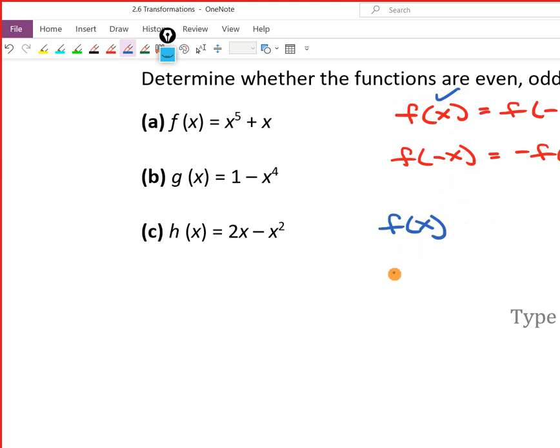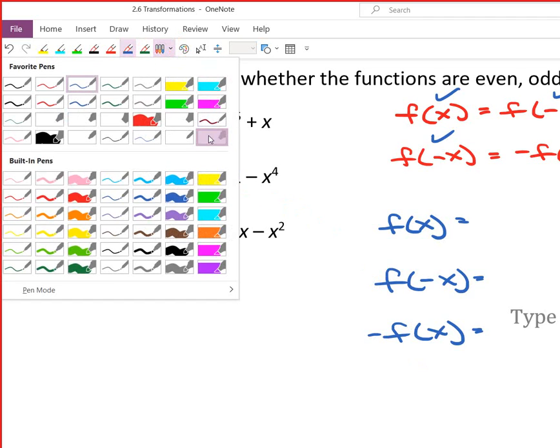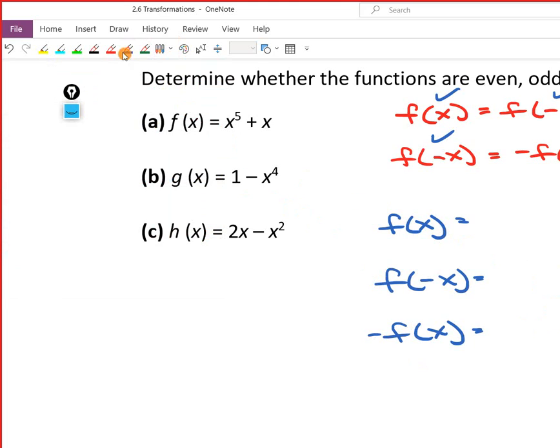We're going to need f of negative x, because that's in both rules. And you also need the opposite of f of x. So whenever you do one of these problems, I think it's a good idea to go ahead and write those three things down, because those are the three things you're always going to need. Then try to determine which ones are equal, if any of them are equal.